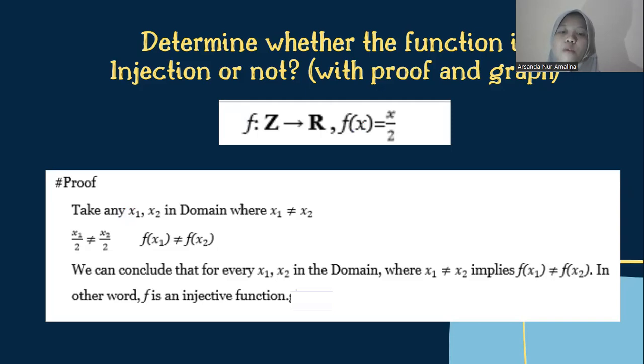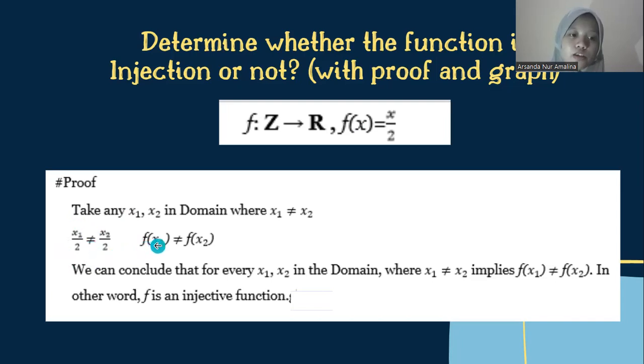For example, we have 1 and 3, which are integers, right? And we divide them by 2. It's obvious that the results of 1 divided by 2 and 3 divided by 2 are different. So in this case, we can conclude that the outputs are not the same because x1 and x2 are not equal.